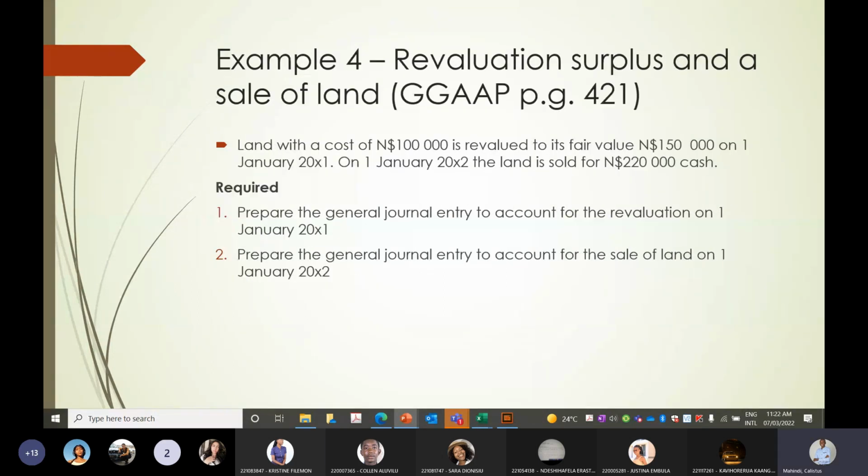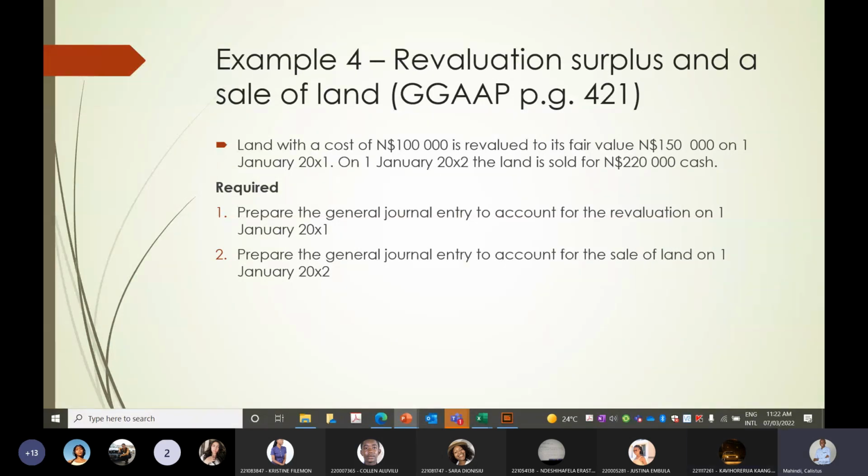There's an example here from Gripping GAAP, page 241, example 4. Land with the cost of 100,000 is revalued to its fair value on 1st of January 20x1. On 1st of January 20x2, the land is sold for $220,000 cash.